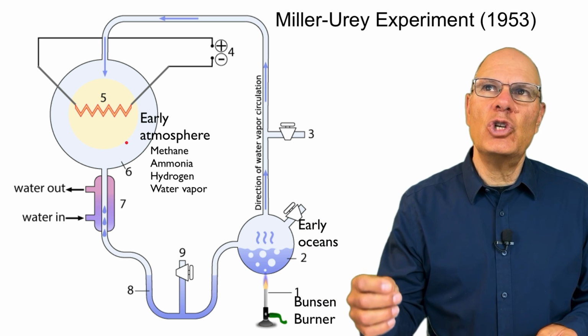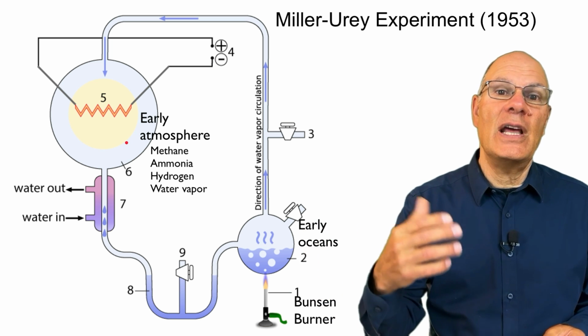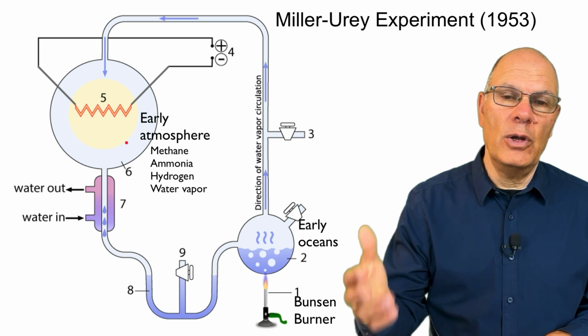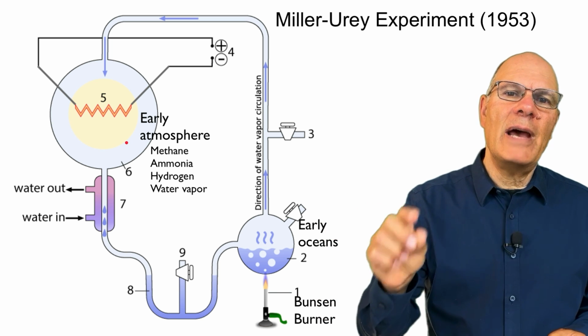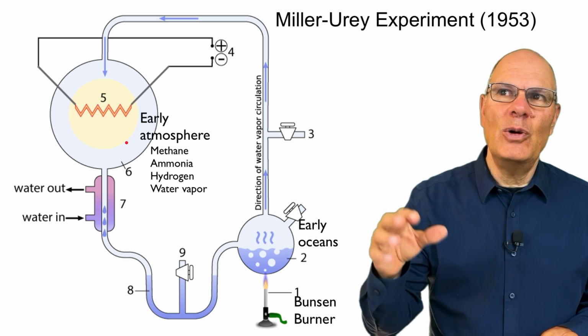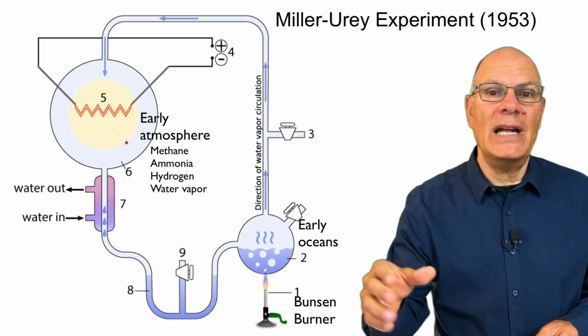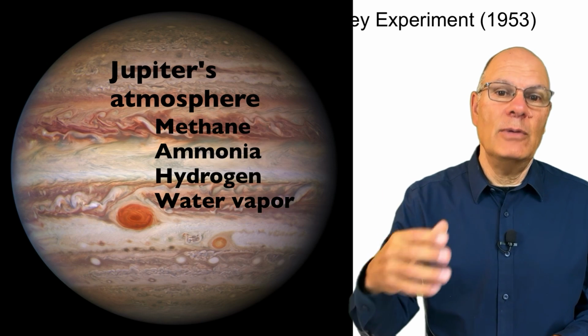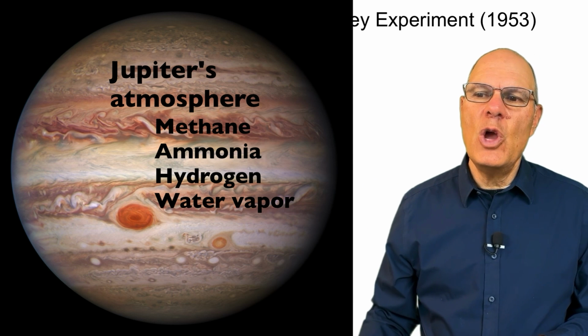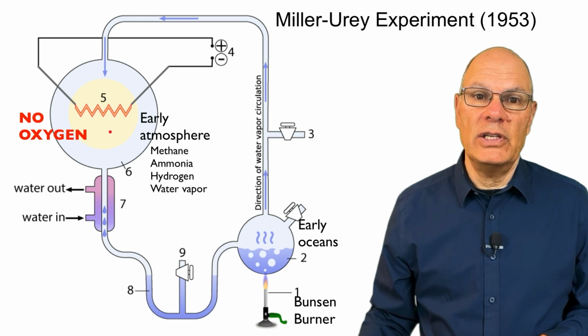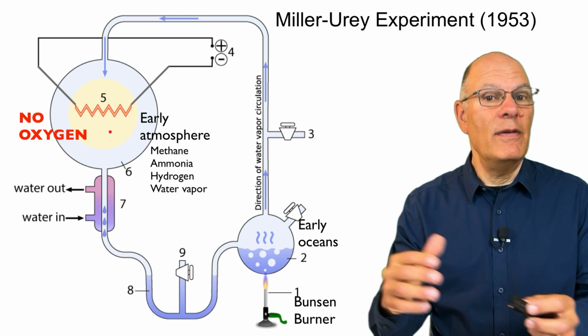Those gases were chosen because in the 1950s, that was the current understanding of what the early Earth's atmosphere would be. There are two important points. One is that that was chosen because that was the known atmosphere of some of the gas giant planets like Jupiter, and it was thought that that might also be present on the Earth. But the most important thing was that no oxygen was present because oxygen was produced by photosynthesis.